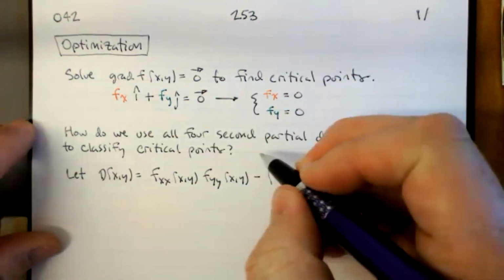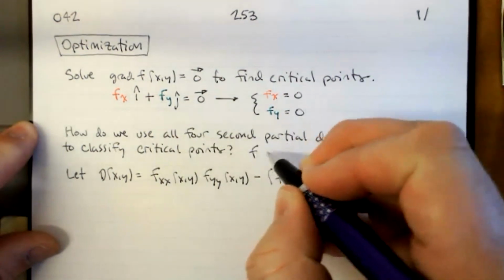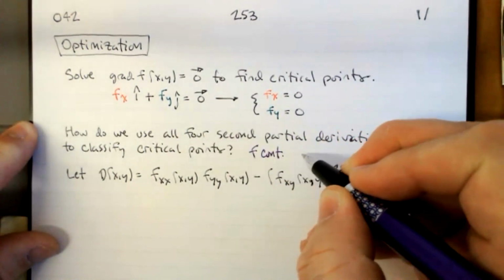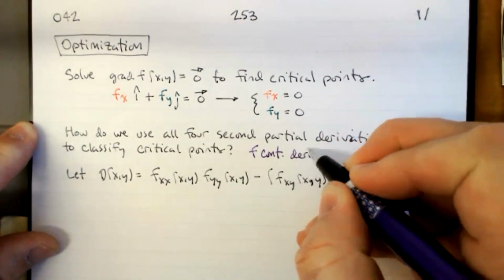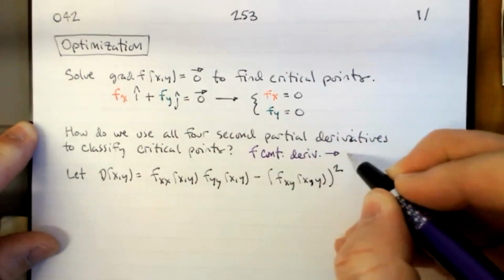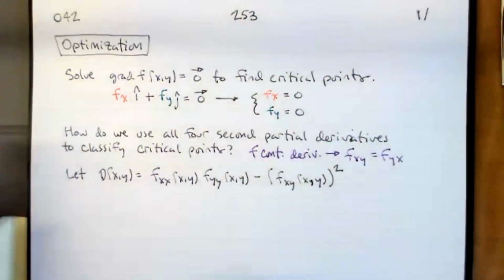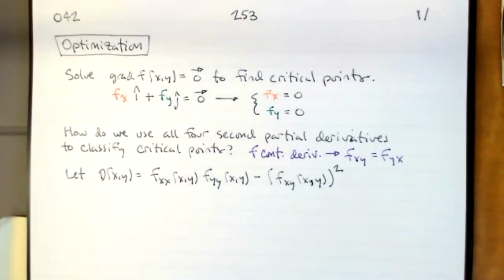I'm paraphrasing, but as long as we're going to have continuous partial derivatives, then fxy will equal fyx. So it makes sense just to take fxy and square it.